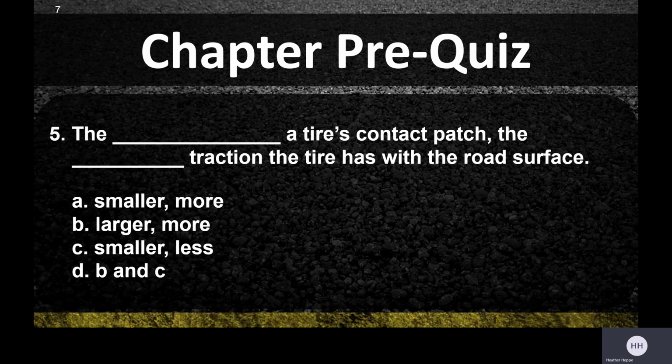Question number 5: The blank a tire's contact patch, the blank traction the tire has with the road surface. A, smaller and more, B, larger and more, C, smaller, less, or D, B and C.